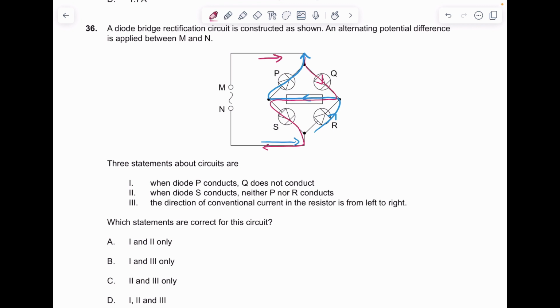If P is conducting, Q is not conducting. That is correct.